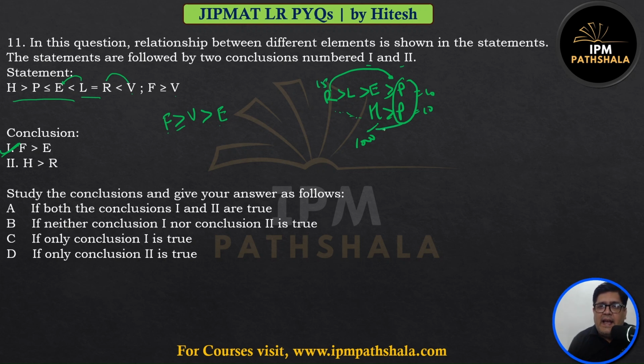You are simply saying H is more. How much more we do not know. R is also more than P. How much we do not know. So this comparison is not necessarily true.